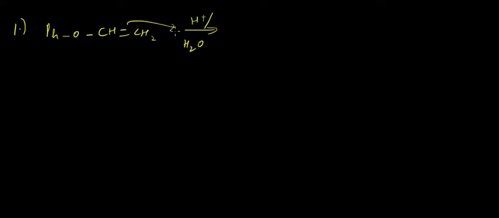So let's suppose we have a reaction something like this. We have this compound and this is actually undergoing hydrolysis in acidic medium. So what actually happens in this reaction is this double bond attacks the hydrogen ion, and this is the intermediate.